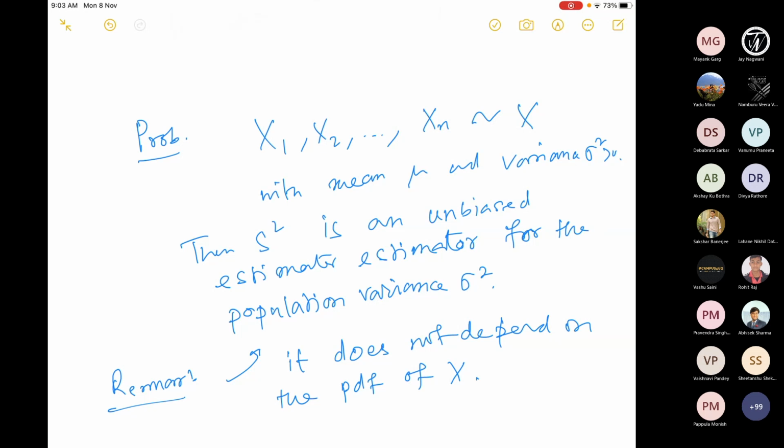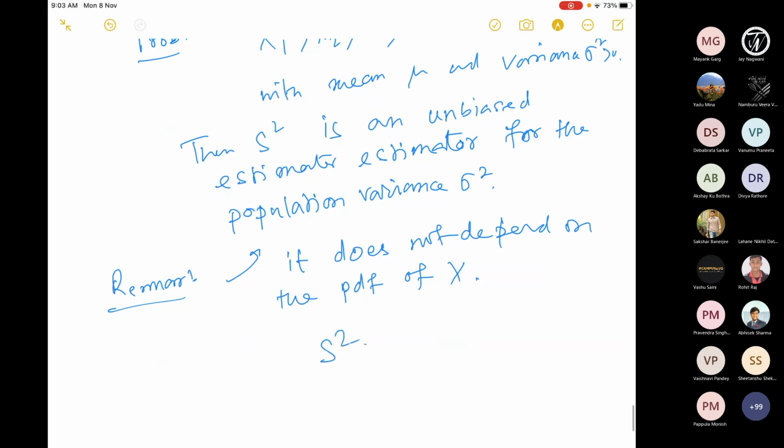That's why we define sample variance S square as 1 by n minus 1, sum over xi minus x bar whole square, i equal to 1 to n. The question was, when I was defining the mean, it was 1 by n. That is the natural thing to do.